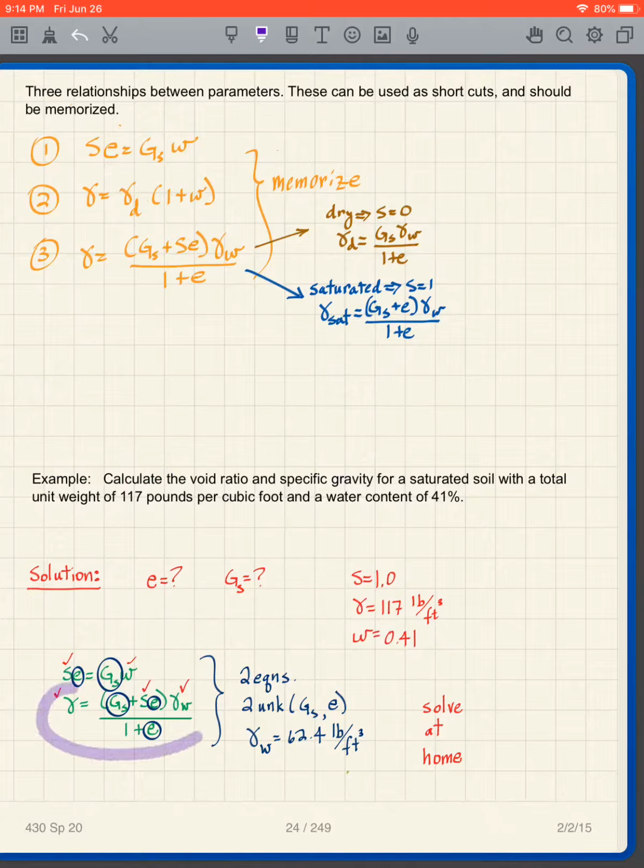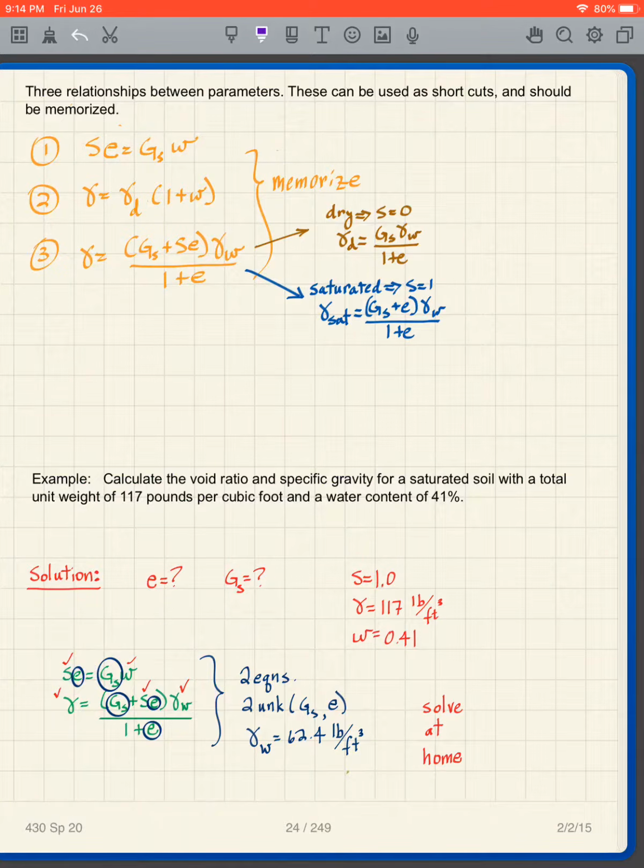I've got this other equation. Gamma is equal to G sub S plus S times e, gamma w over 1 plus e. Well, what do I know? I know gamma w, I know S. So when I look at these two, and I know gamma, I've been given gamma. So what do I have? I've got two equations, and my two unknowns are e and G sub S. So I have two equations, two unknowns, I can solve.